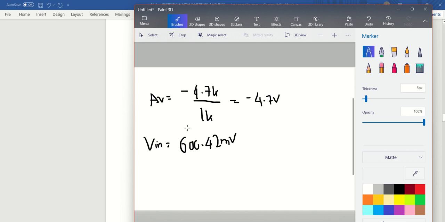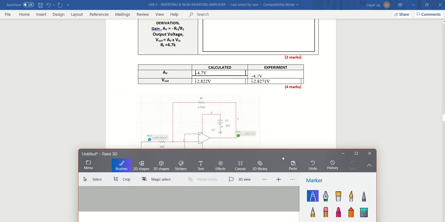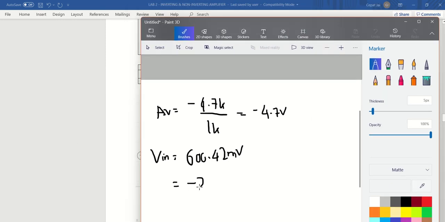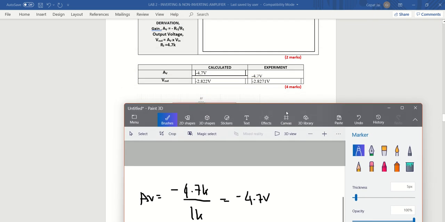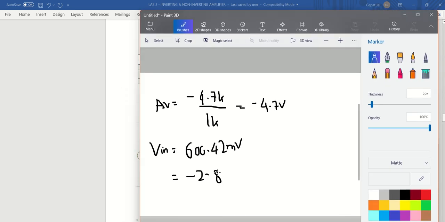The formula is V out equal to voltage gain times V in. So I multiply these two and it is equal to negative 2.822 volt.